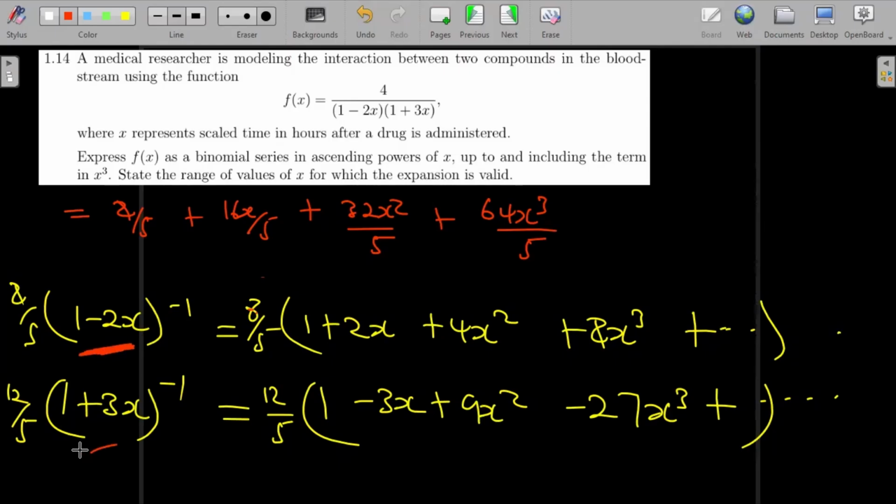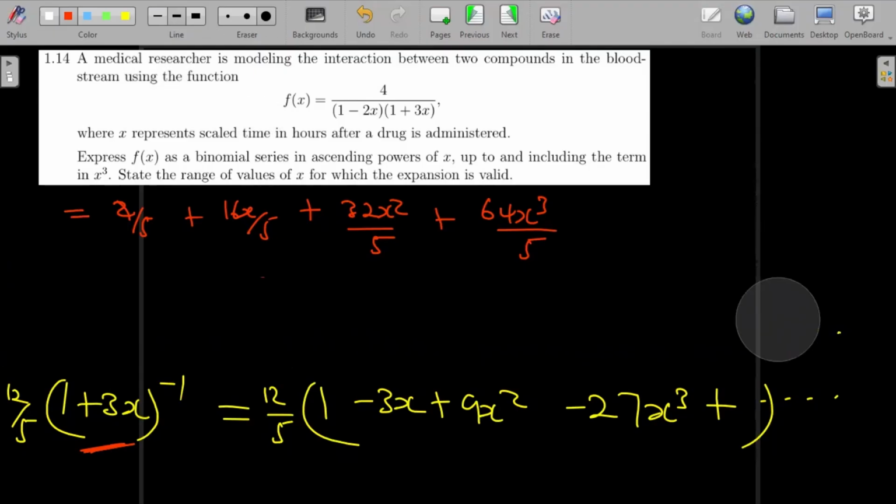Now for the second expansion, what are we going to get? So I can erase this part. For the second expansion, we're going to get 12/5, then plus, that will be a minus now.